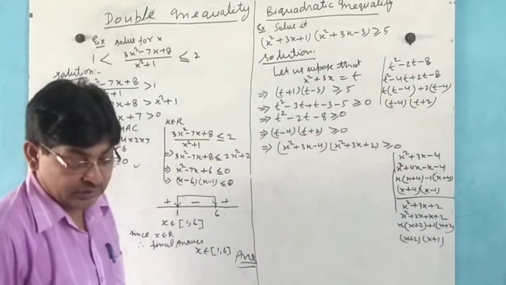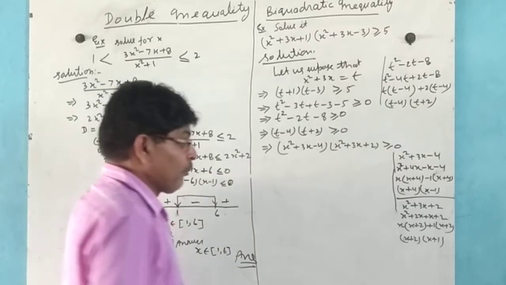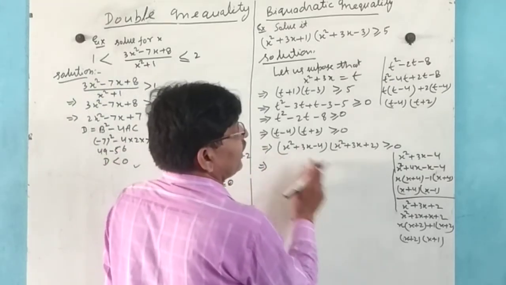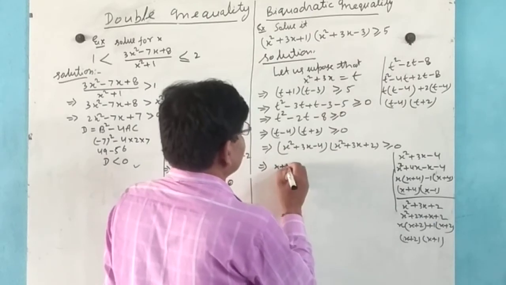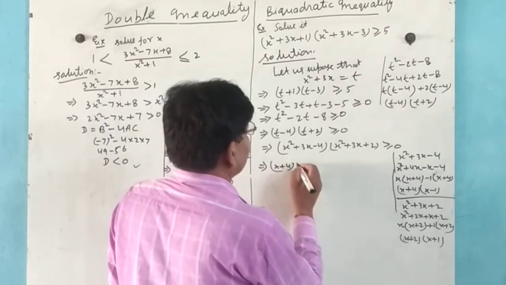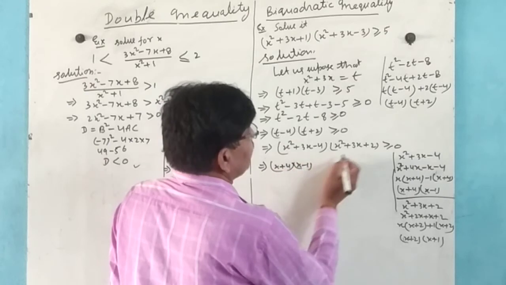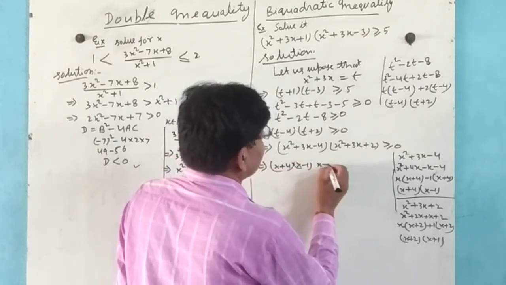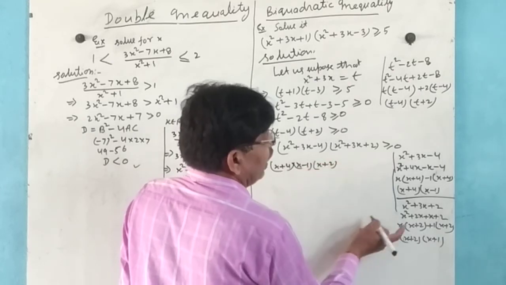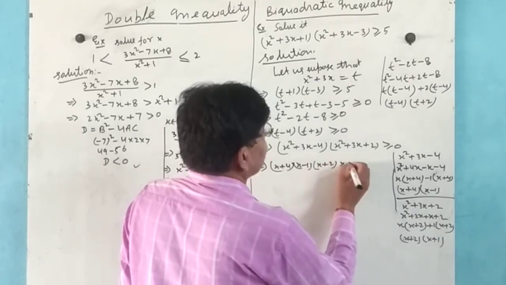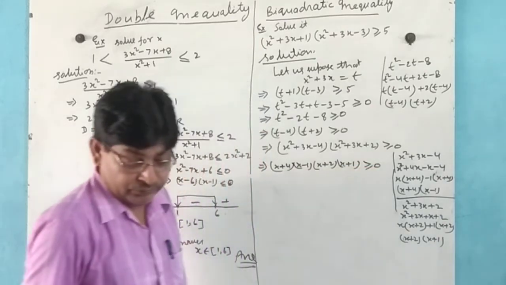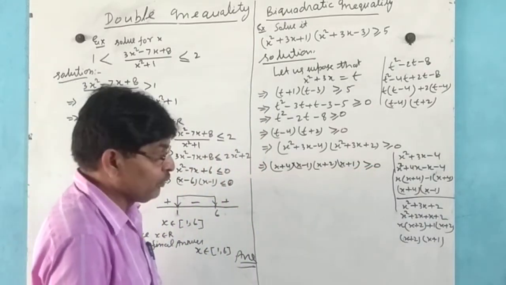Here we write the factors: x plus 4, x minus 1, x plus 2 and x plus 1 greater than or equal to 0.